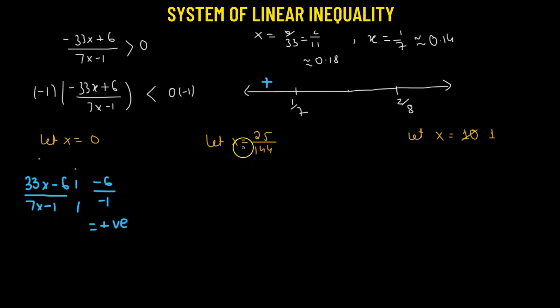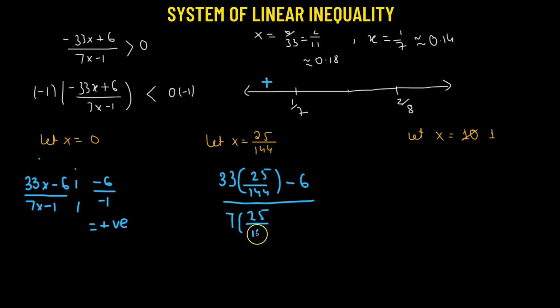Then for a number lying between 1 over 7 and 2 over 11, we substitute x with 25 over 144 into (33x - 6) divided by (7x - 1). So 7 will be multiplied by 25 over 144, minus 1.